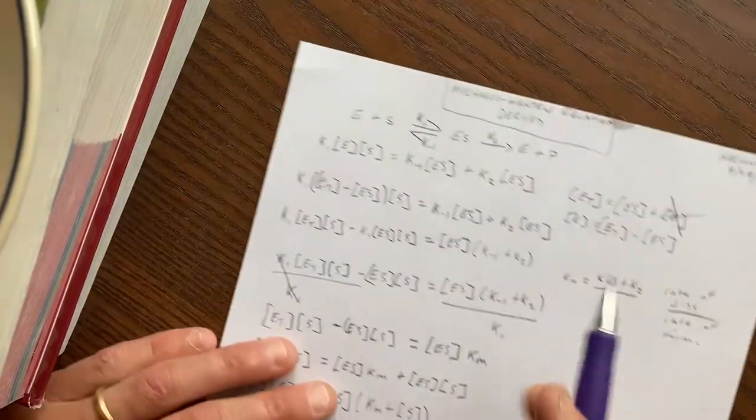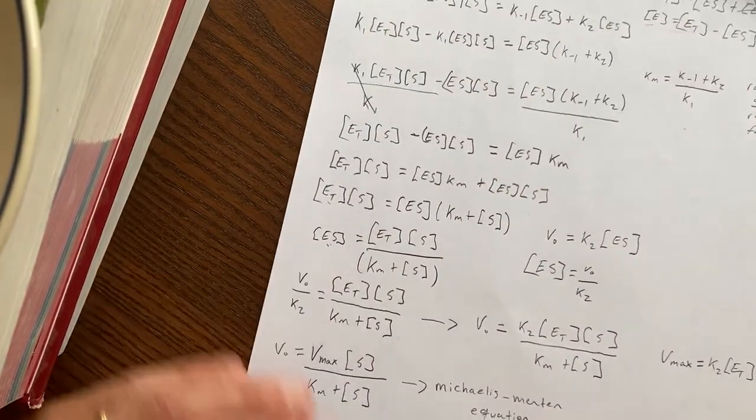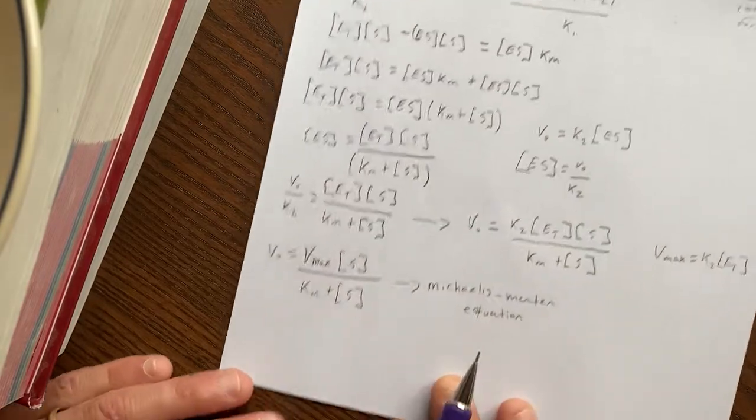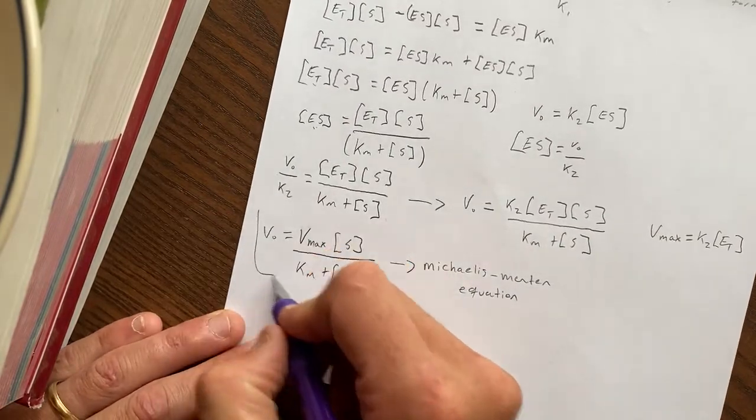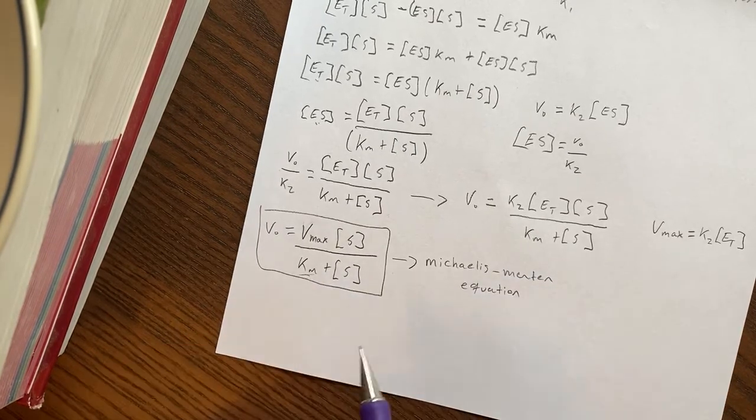So we've taken our general reaction up here, and we've derived this Michaelis-Menten equation right here. And this is pretty much foundational to enzyme kinetics. One more thing we want to talk about is we want to understand this Km, the Michaelis constant, a little bit better.